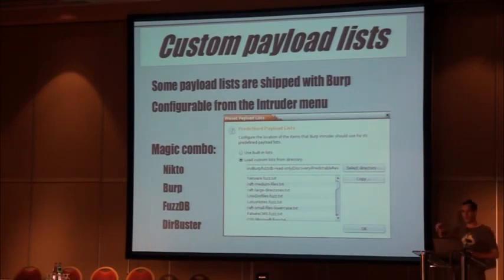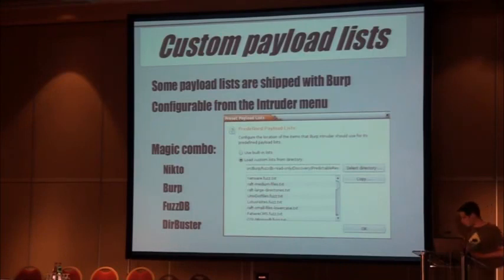It's way too much. So you just need to configure from the intruder menu. You go to each directory where you put your word list and you include them all. And then you can directly from the intruder menu access your word list with only 1 click.